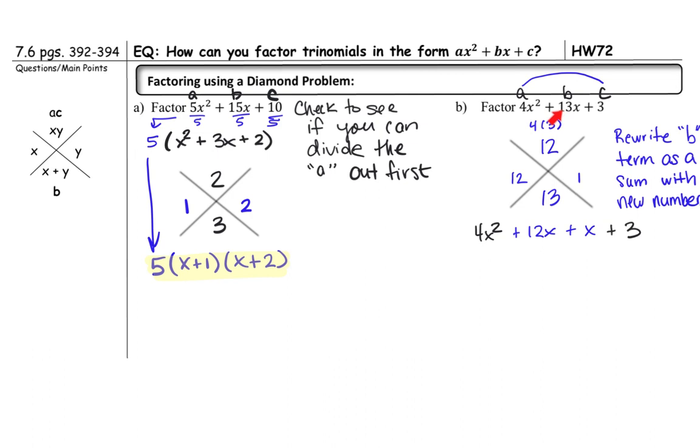So now instead of having a 13x, I've rewritten it as 12x plus 1x, which I got from my diamond, because 12 plus this 1 is still going to give me 13. So this expression is still equivalent to my original expression.